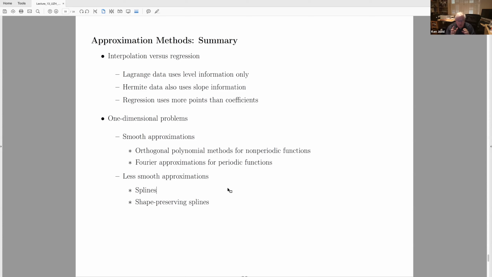I have seen people use Chebyshev polynomials, but in a manner which is totally ignorant of the whole package behind Chebyshev theory, and so that's unfortunate.